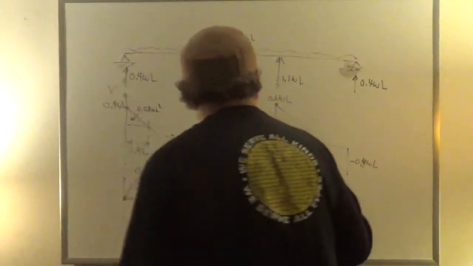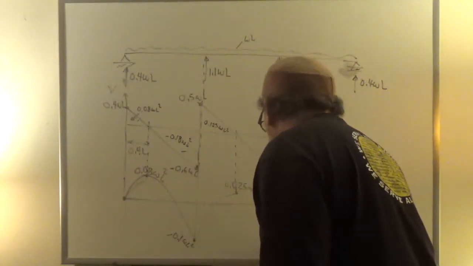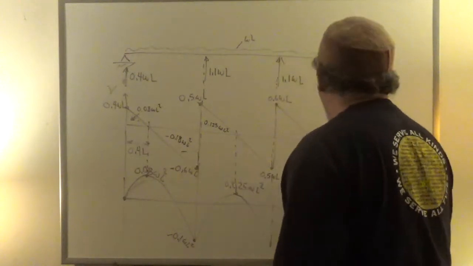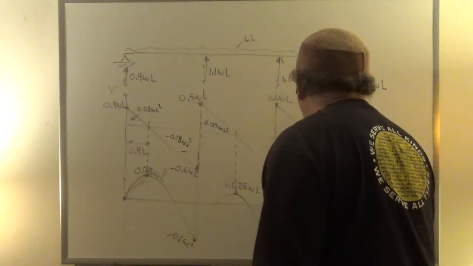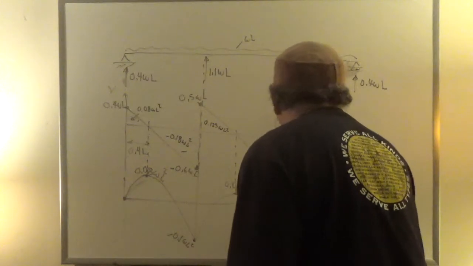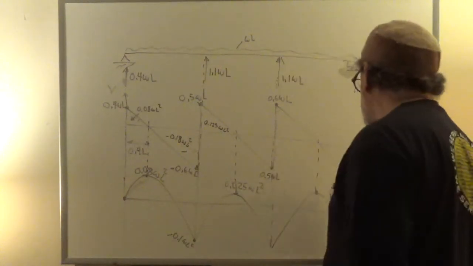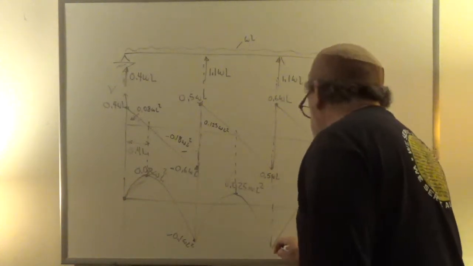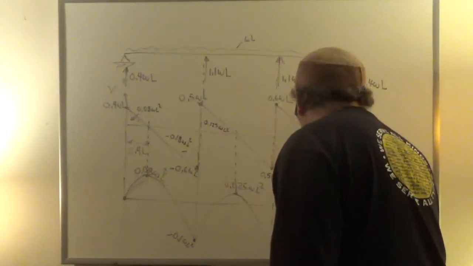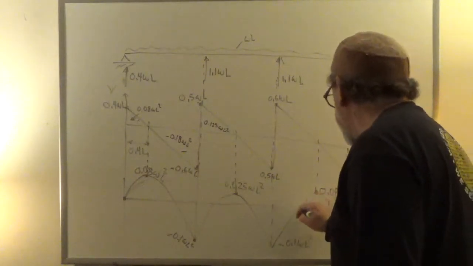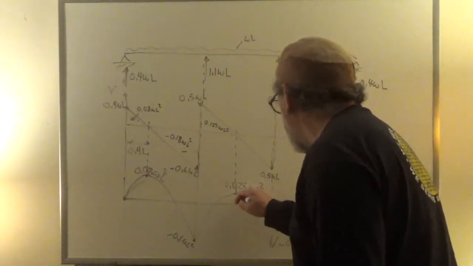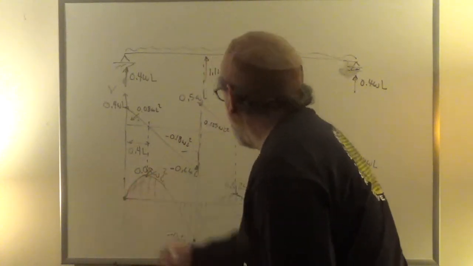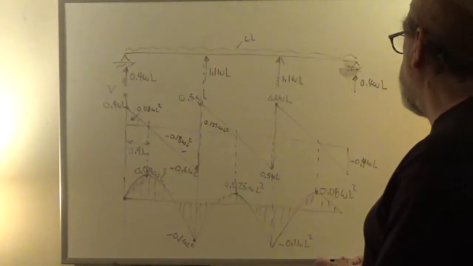And of course the plot continues completely symmetrical like this, and then like this, and this would be 0.08 WL squared, and there would be minus 0.1 WL squared, and we have our moment diagram, right, over the complete beam.